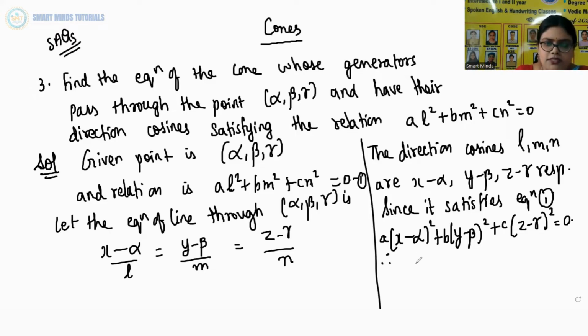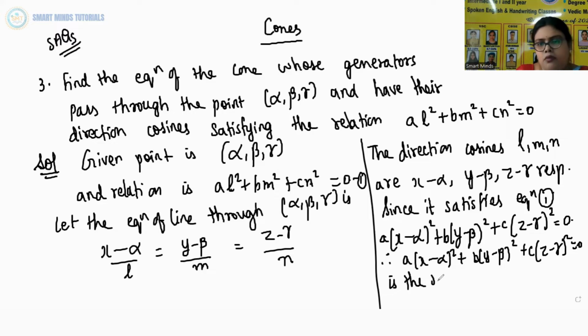Therefore, the answer is A into x minus alpha square plus B into y minus beta square plus C into z minus gamma square is equal to 0, the required cone equation.